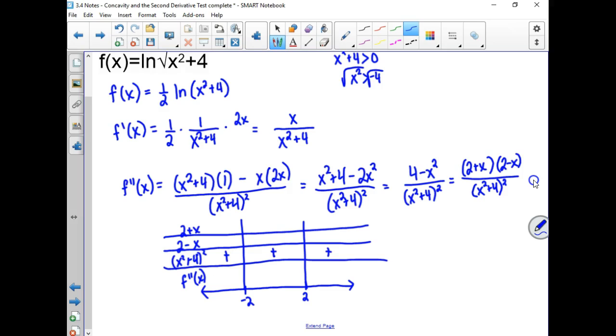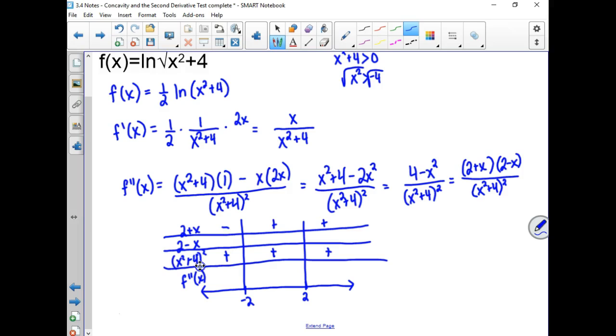Or maybe I'm thinking infinity over infinity, which seems like it should be 1. Right? That is indeterminate. I know that when you start throwing infinities in, things get crazy. So if we plug in a negative 3 here, we get a negative, and then 0 would give us positive and positive.